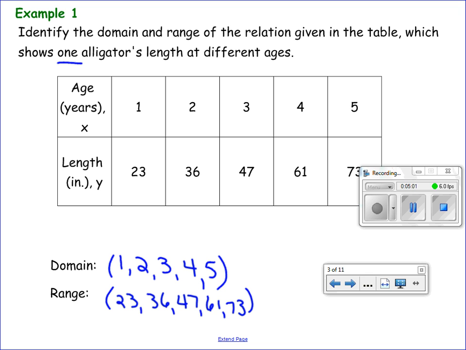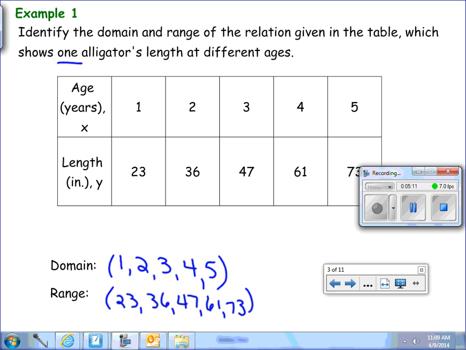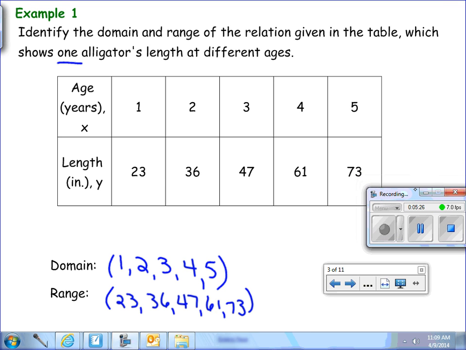Now, you will be asked, is this relation a function? This table does represent a function because it is one alligator and his age is not repeating. It is taking each of his years and then determining what his length is. So this relation is a function because the domain is paired with exactly one of the range. The input is paired with exactly one output.